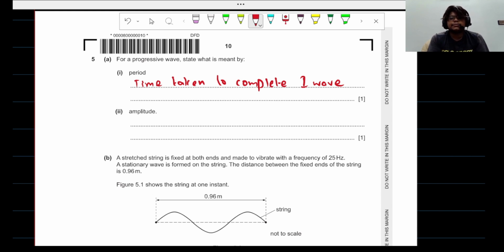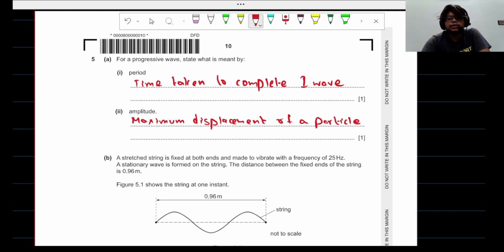Then it says the amplitude. So it is the maximum displacement of a particle from its mean position.